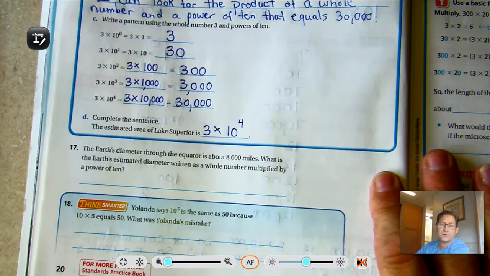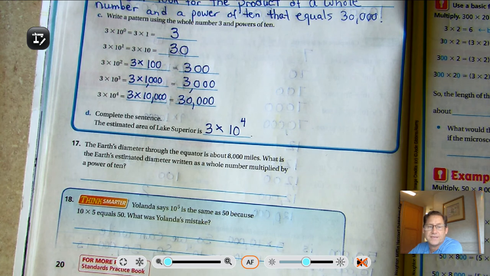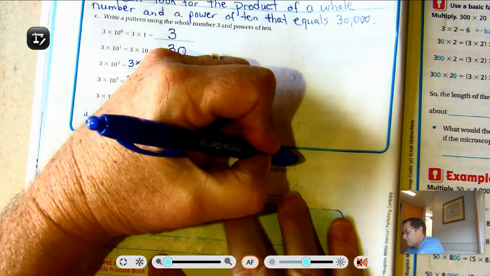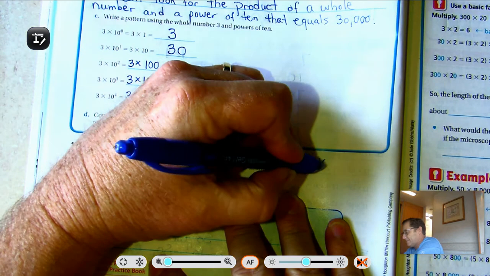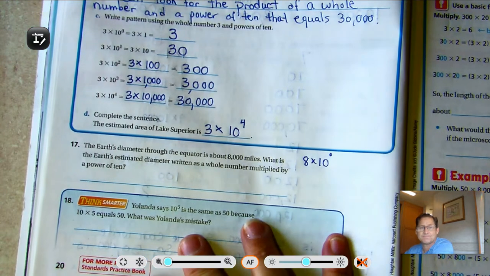And 17. The Earth's diameter through the equator is about 8,000 miles. What is the Earth's estimated diameter written as a whole number multiplied by a power of 10? So let's use the same idea that we just did. Let's start with 8 times the 0 power of 10.